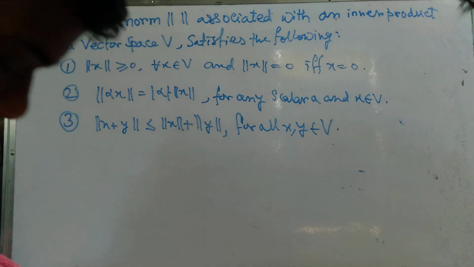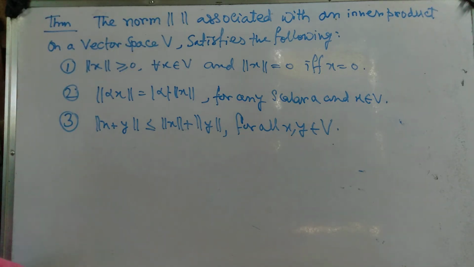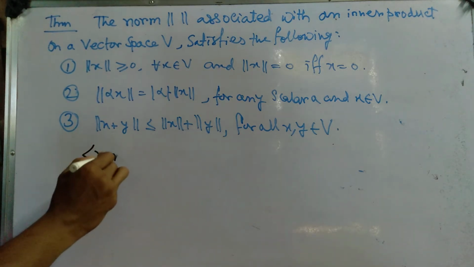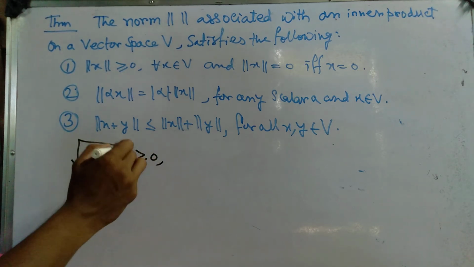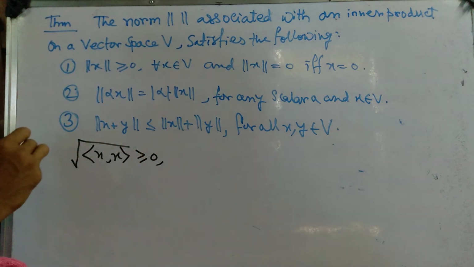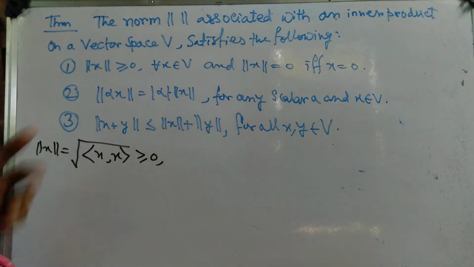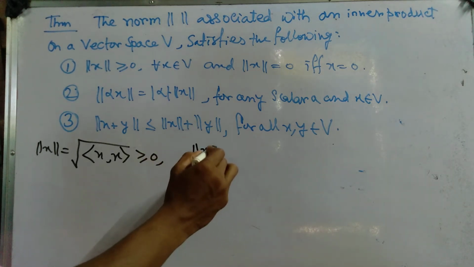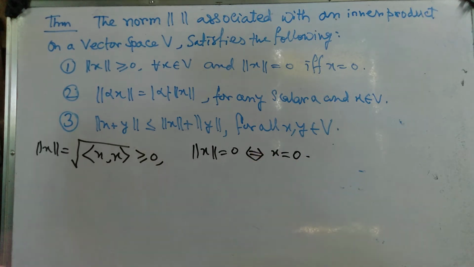Now in the proof, the first two conditions are easy. We know the inner product of x with x is greater than or equal to 0, so its positive square root is greater than or equal to 0, that means norm of x is greater than or equal to 0. If norm of x equals 0, then x equals 0.